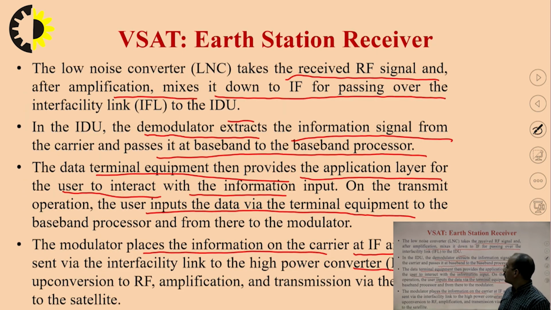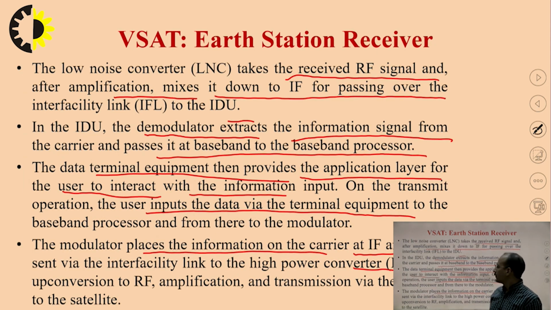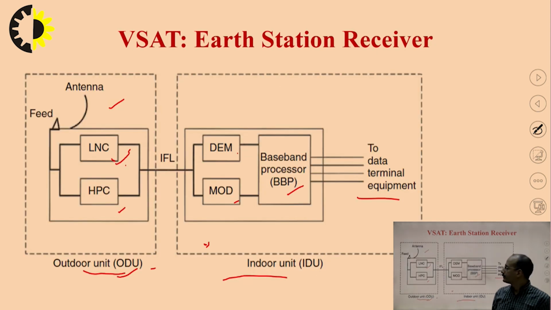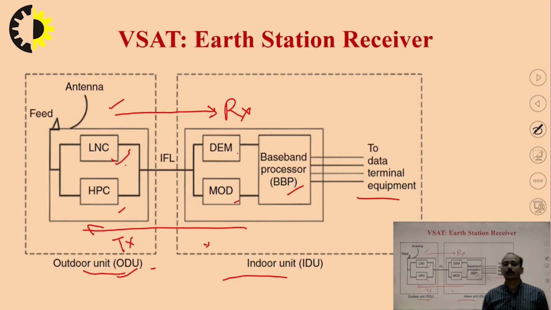You can easily understand one very clear point here. This is the low noise converter. This is the high power converter. So you can see that this is the receiving part. This is the transmitter part, because VSAT is not only sending the data, it is also receiving the data.